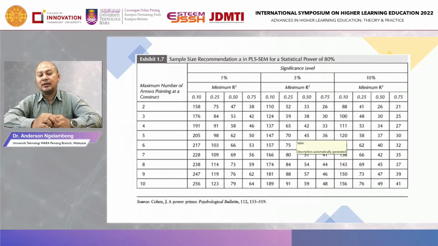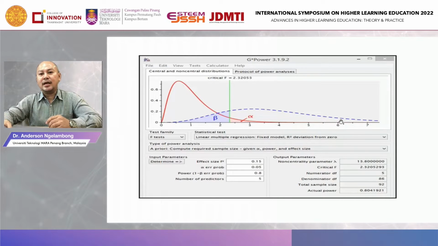because of the calculation of the statistical power. If you realize in my previous slide, the actual power is not 0.8, it's 0.80419 to 1. So the sample size will be higher if you increase the power, even a little bit.